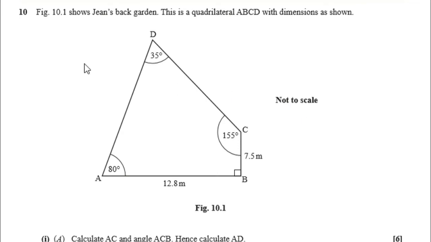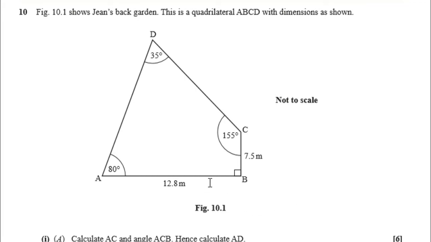Question 10, we have a quadrilateral ABCD and 1A, calculate AC and angle ACB, and hence calculate AD. And finally calculate the area. So this is just sine rule, cosine rule, and yeah, that should be it.